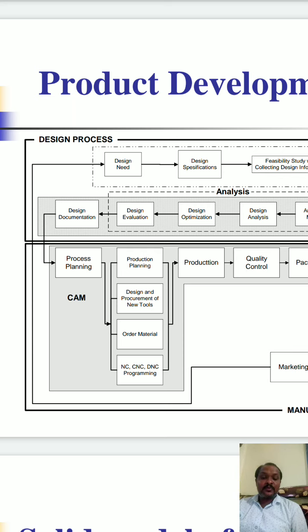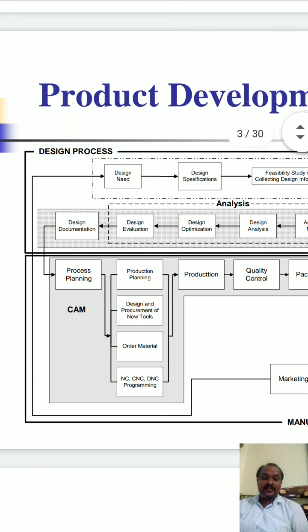What are all the processes that come under manufacturing your product or your part, that is called process planning. If you take a mechanical part, it may require threads, holes, a smooth surface, facing, etc. These are the processes that we do on the part, so there should be some plan.